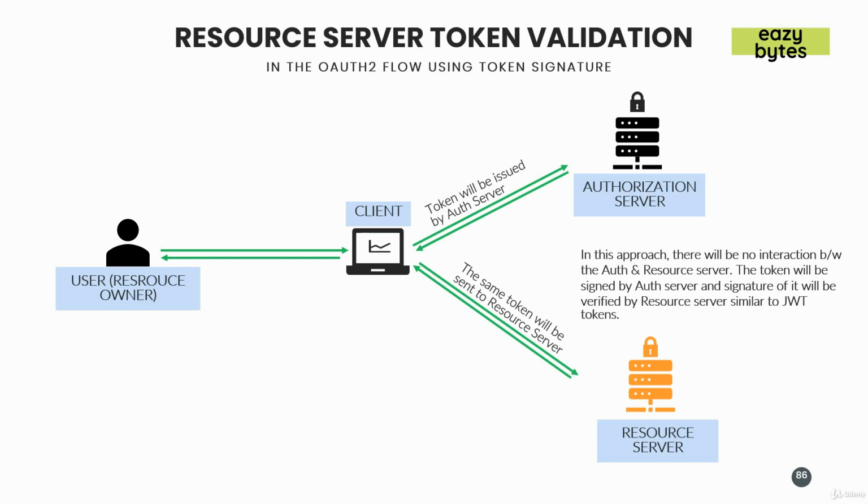But if you don't want to overburden your auth server network, in such scenarios, you can maintain a common database which can be leveraged by both the auth server and the resource server. So with this, we now have a clear understanding of the different ways that resource servers validate the access token with the authorization server.